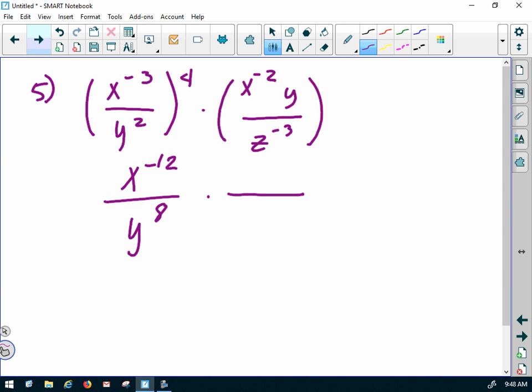X to the negative 2 stomps to the basement and becomes x squared. What does the y do? Stays. And the z to the negative 3 stomps to the upstairs. See, I told you this one wasn't too bad.